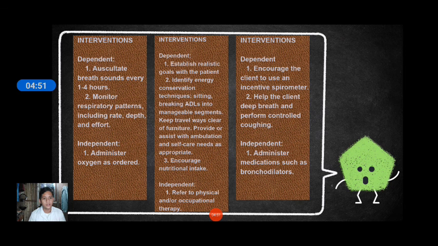And third is encourage nutritional intake. And for the independent, refer to physical and or occupational therapy.